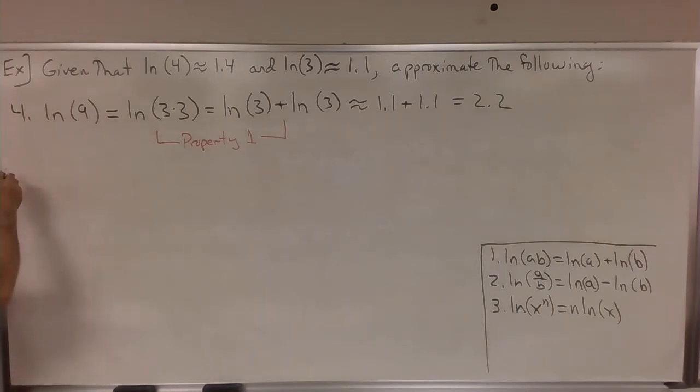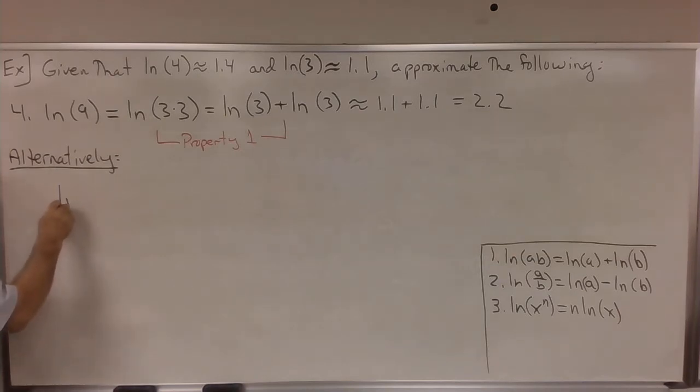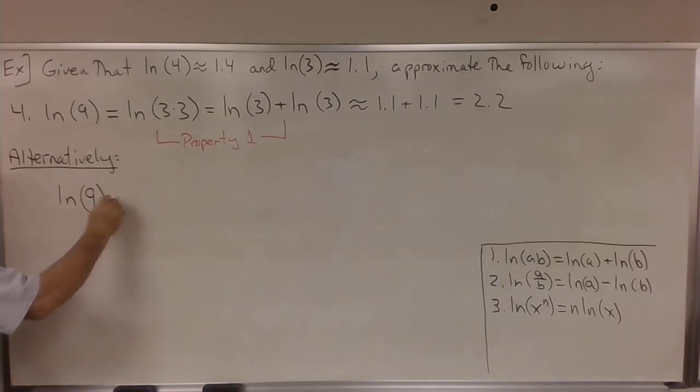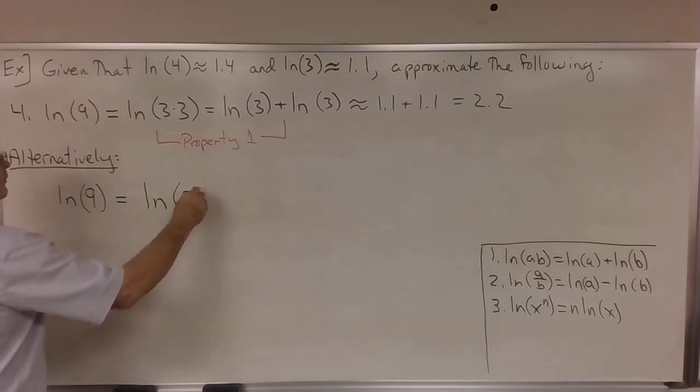Let's try this a different way. And I think some of you probably already thought of this. Natural log of 9, we have to write it in terms of 3, but maybe we can write 9 as 3 squared.